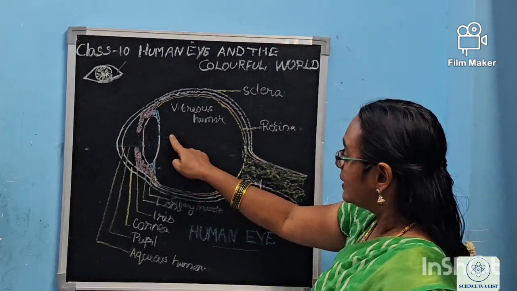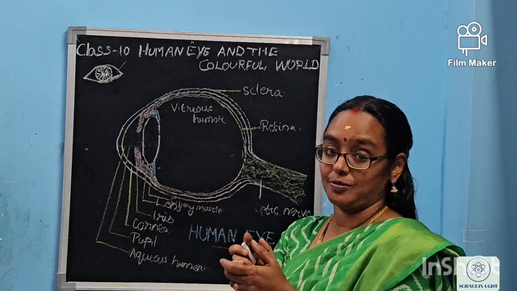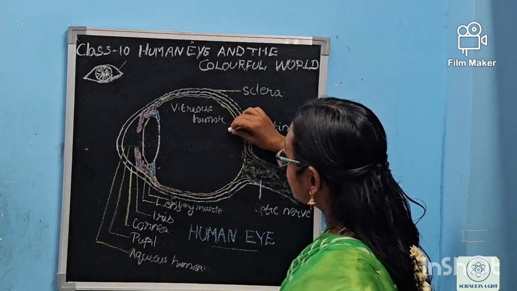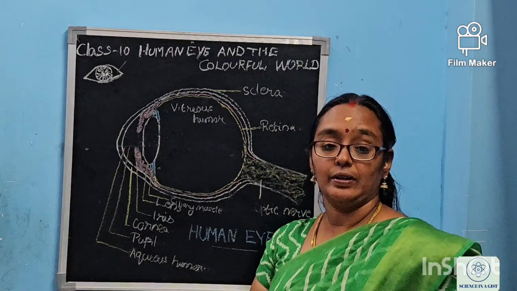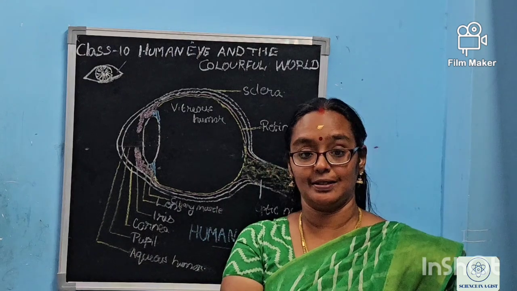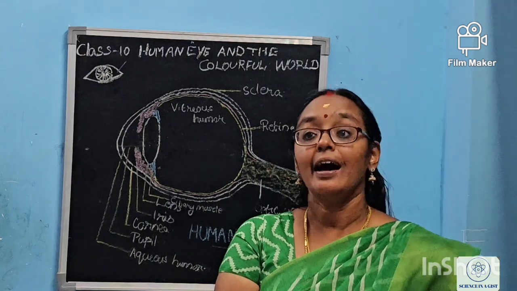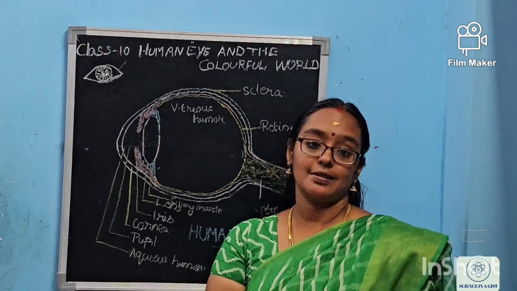The shape of the eye is almost round, and there is a part called the retina of the eye. The part where the light sensitive cells are present is called what? Retina. The retina contains light sensitive cells, namely rods, cones and so on.